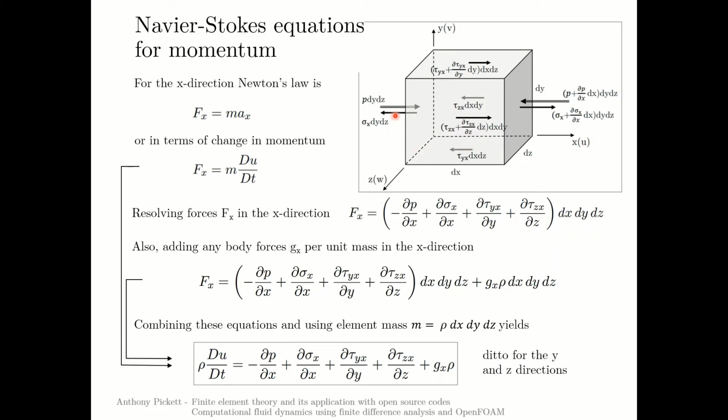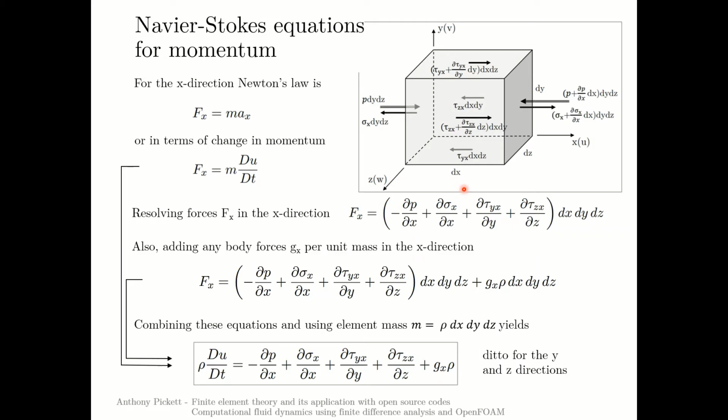On this face you'll have two sets of forces acting. You will have a normal stress and a normal stress plus this gradient. You'll also have a pressure, and on this face an increment in pressure. Now I've only drawn the stresses or forces acting in the x direction, but you will also have a similar set of forces acting in the z direction and in the y direction.